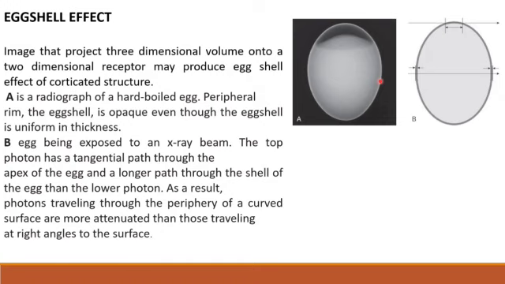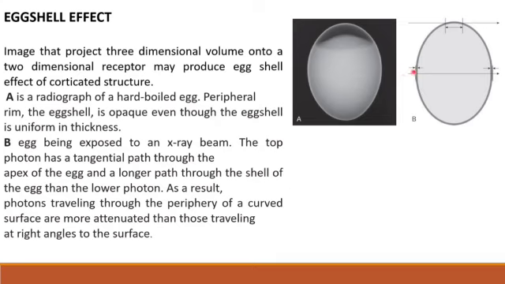So what is the reason? The egg is exposed to the X-ray beam, and at the top surface the photon will travel in a tangential path through the apex of the egg, and it takes a longer path through the shell of the egg when compared to the lower photon.